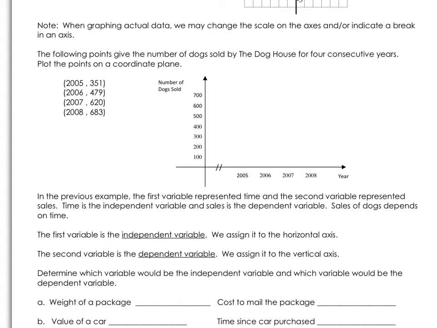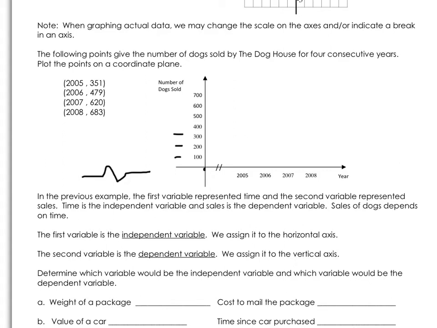Now, we've changed the scale. The vertical scale is 100, 200, 300, 400. The horizontal scale has this weird slash. Sometimes you'll see it in a symbol like that. It looks sort of like lightning there. That indicates there's a break.